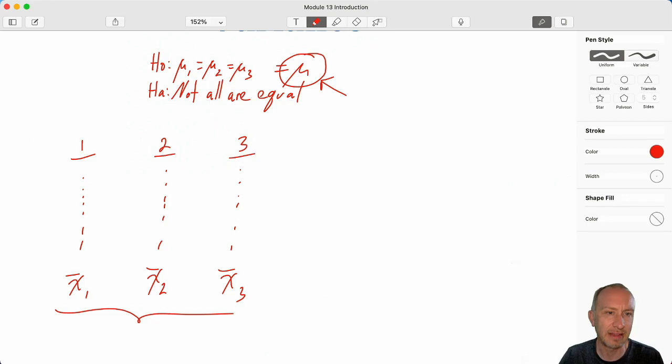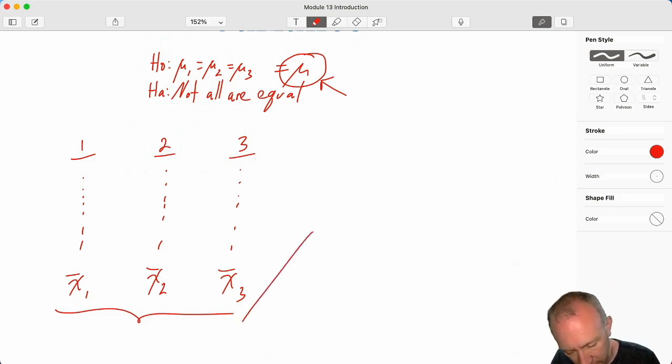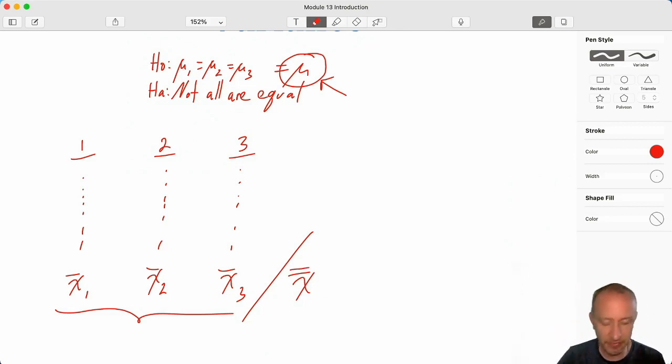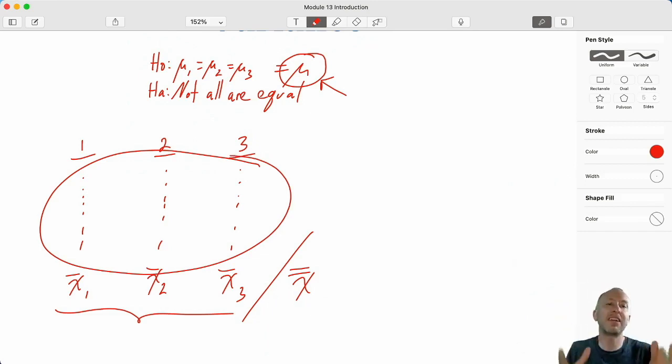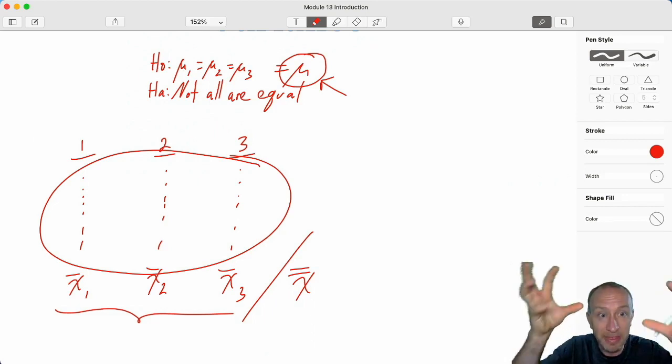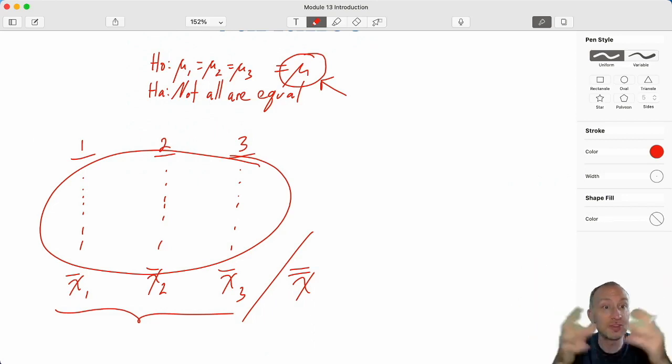What is my best guess of that population mean mu? Well, turns out it's what we call X double bar, or the grand mean. And that is just the mean of that entire data set. In other words, we treat it as though those 3 samples all came from the same distribution. So we use all those 3 samples to calculate that grand mean.